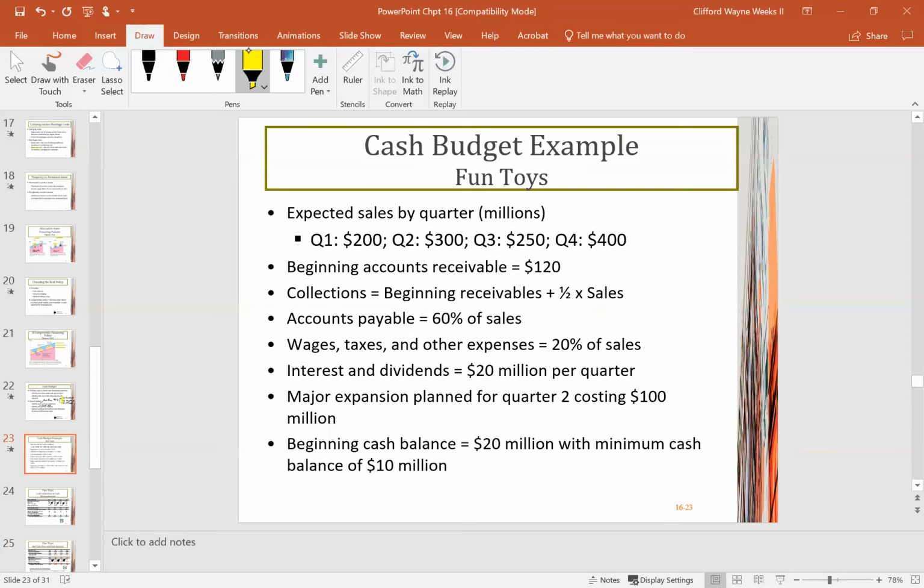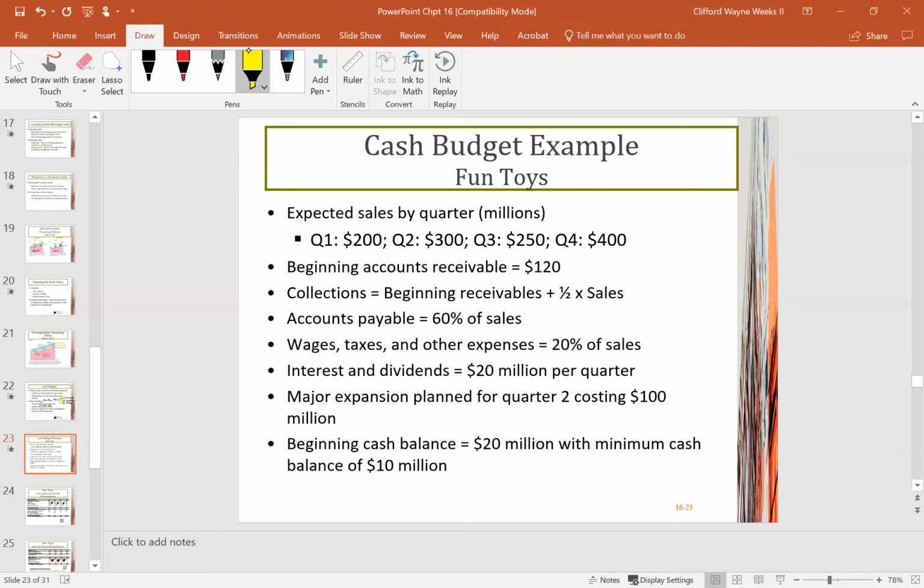They have first quarter, second quarter, third quarter, fourth quarter. We had beginning accounts receivable. Here are our collections: beginning receivables plus half of sales.